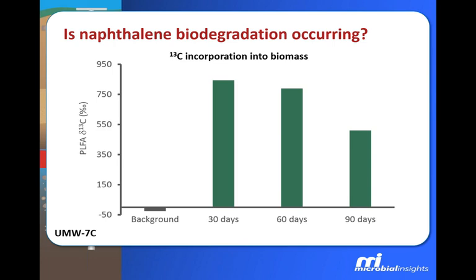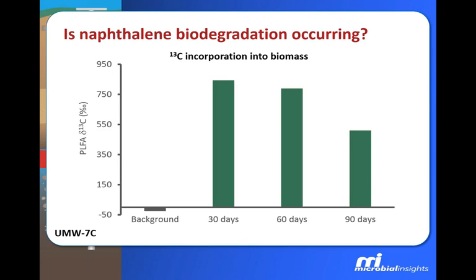So naphthalene, originally loaded with C13, was supplied to the organisms in this environment. You see incorporation of C13 into biomass. You see incorporation of C13 into carbon dioxide.